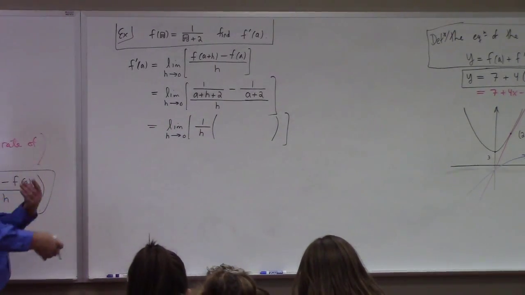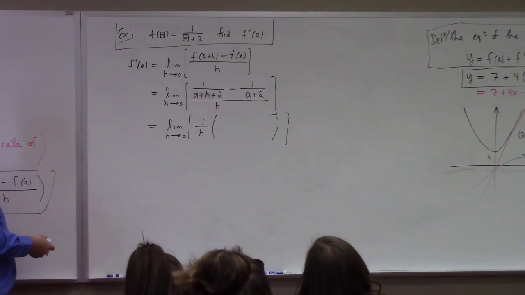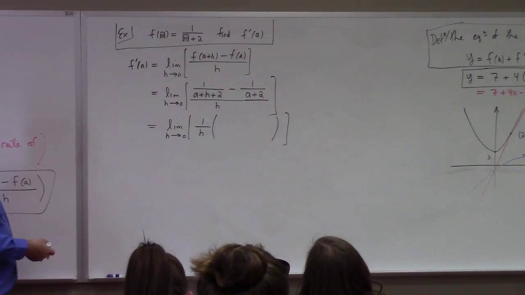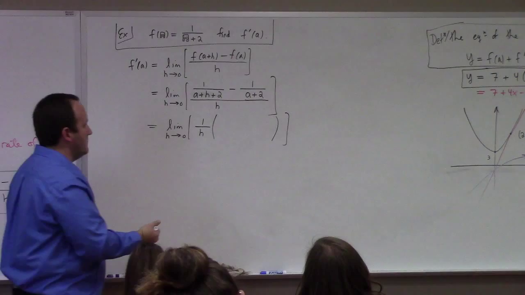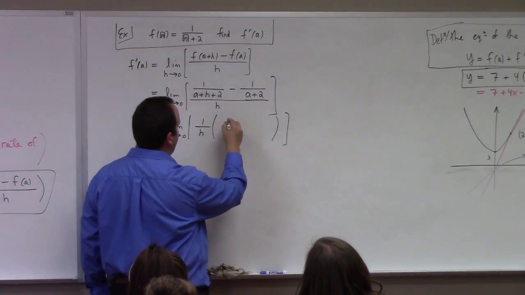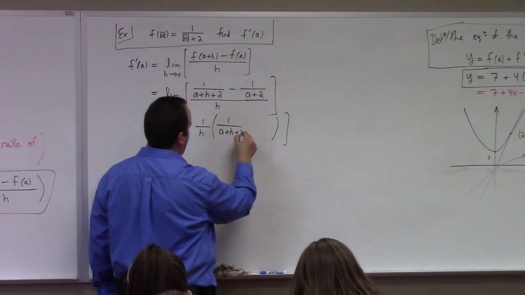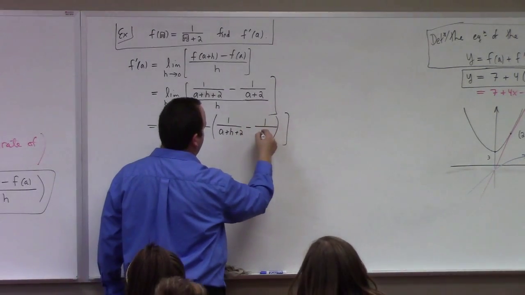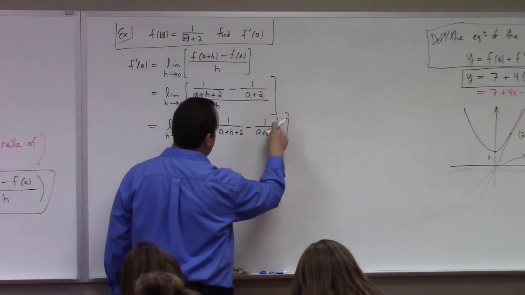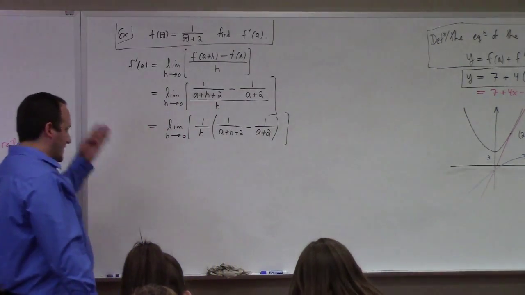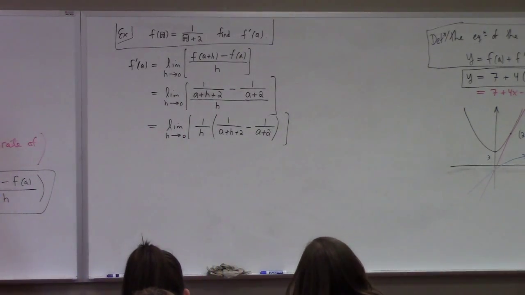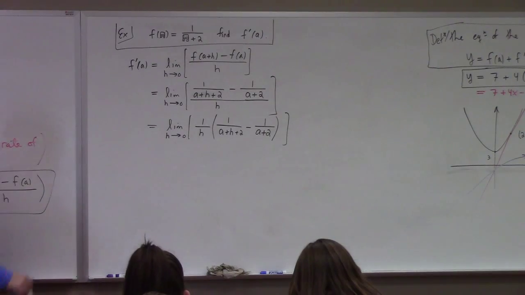How do we simplify that? I'm just rewriting it since otherwise I'm going to lose some of you guys. What's next? Take out an a. Common denominator.